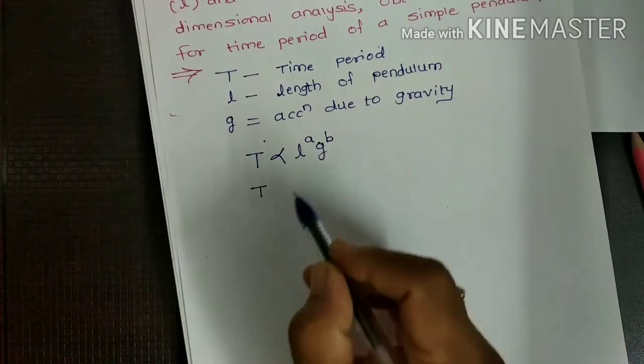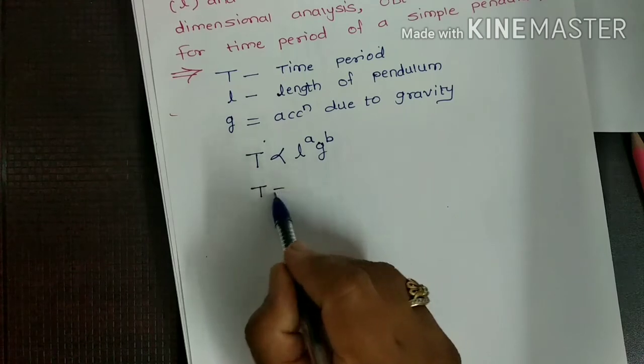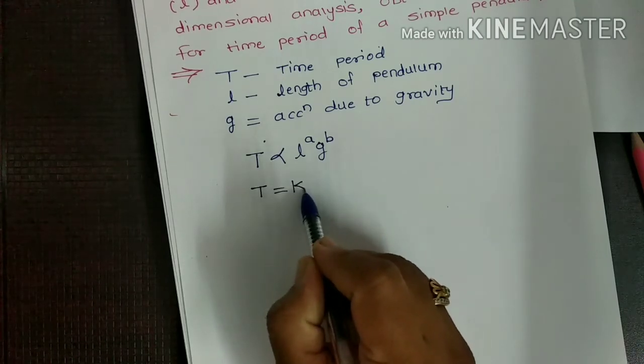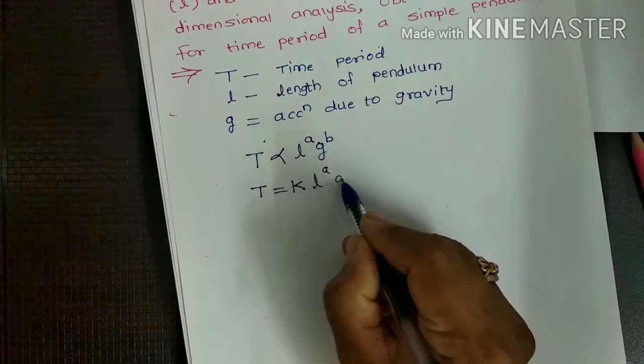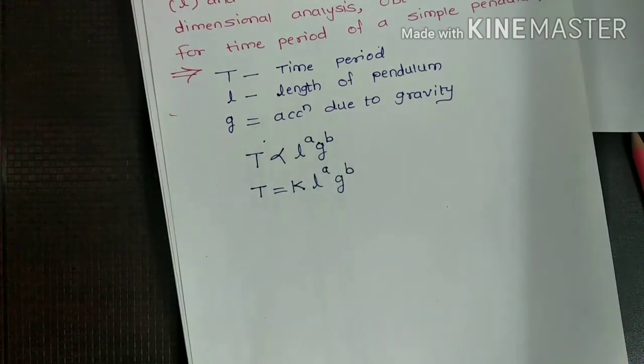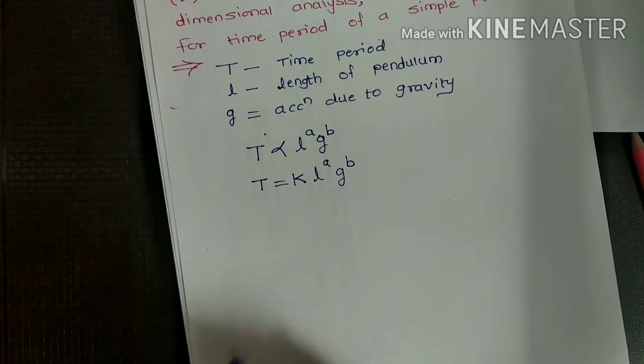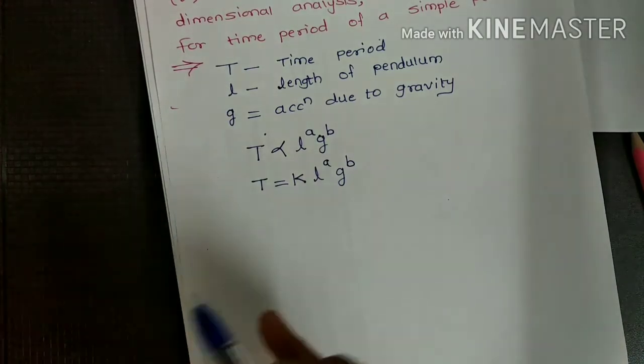So the next equation is T is equal to K, the proportionality constant, into L raised to the power A, G raised to the power B. Okay, so again we have to take the dimensions.